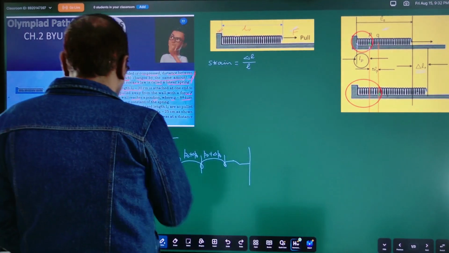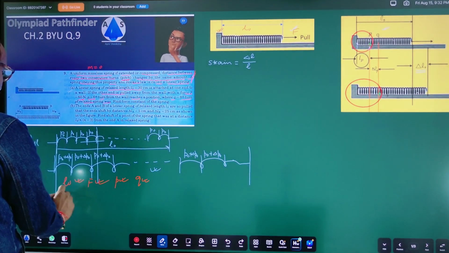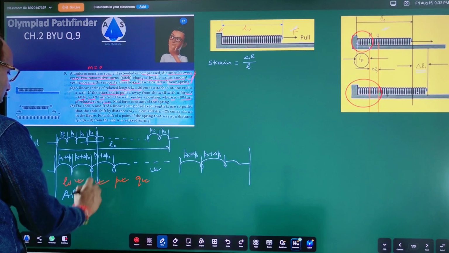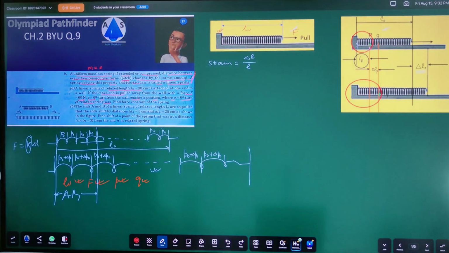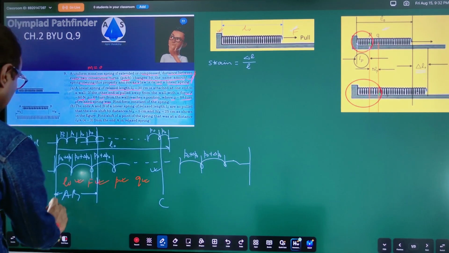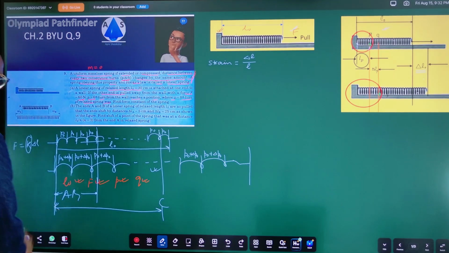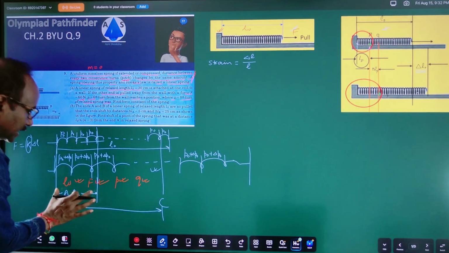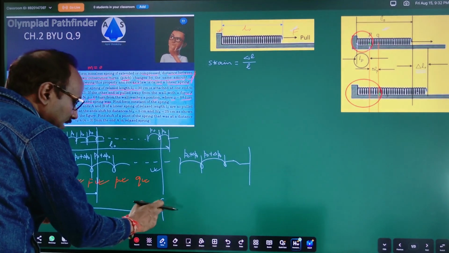Suppose out of this spring you have taken AB, this section. Another section you have taken AC, this section. So strain in AB will be equal to the strain in AC.